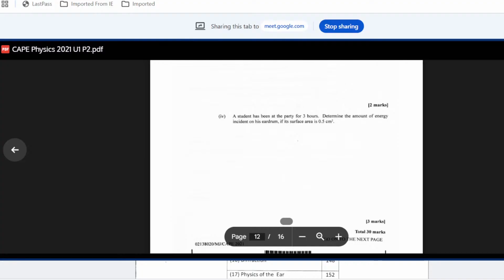Wait, what was the intensity again? 1 times 10 to the minus 3. To the minus 3. Yes. Okay, so then that means that I got 5.4 times 10 to the negative 4.